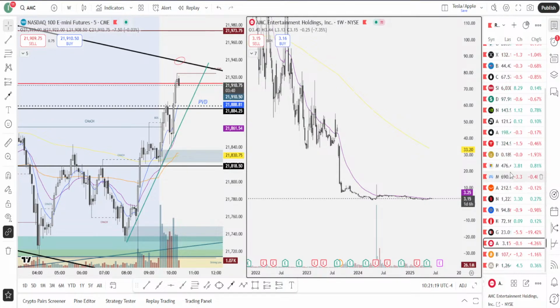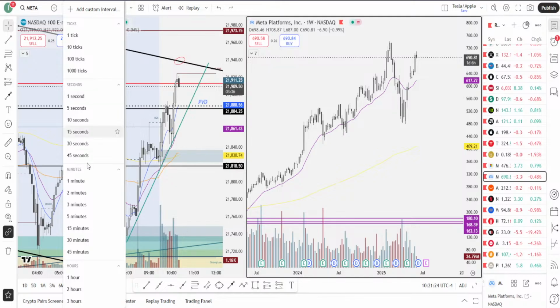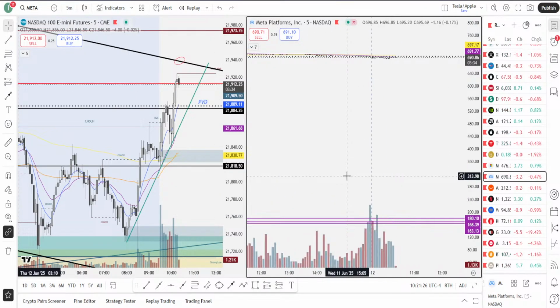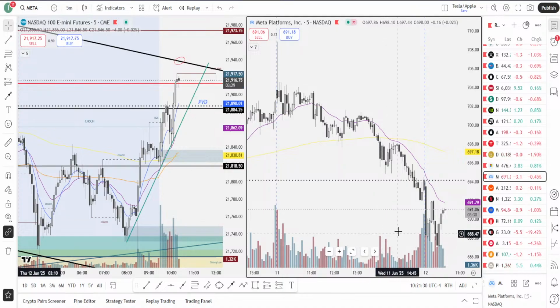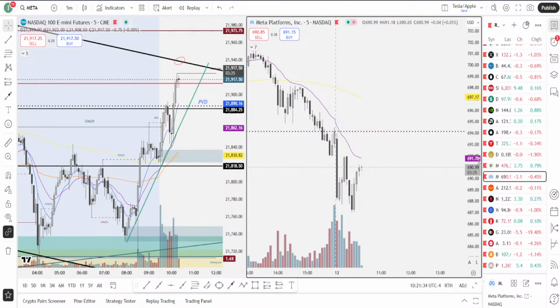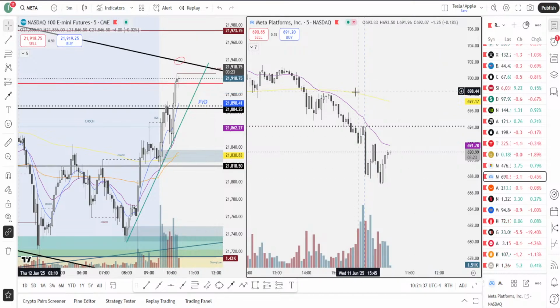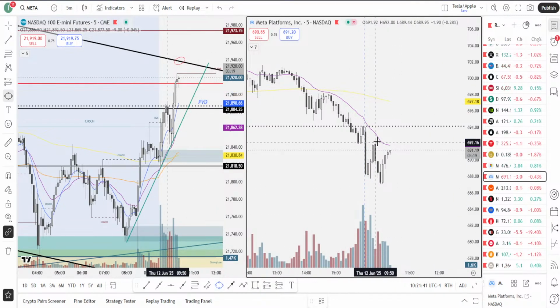Let's see what else. We got Meta. Let's see Meta on the 5-minute time frame. It's reset, and Meta is bearish. Bearish is below the 200 EMA, below the 21. This could have been a good scalp here.